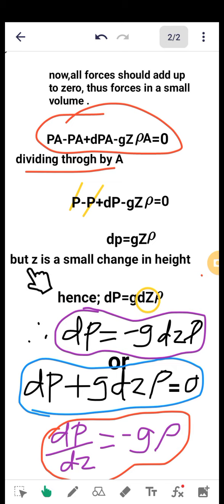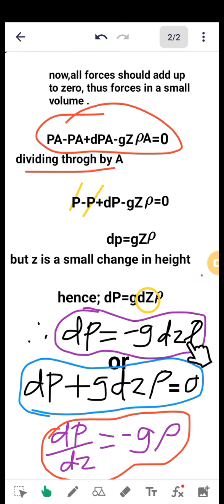But z is a small change in height, so we can denote it as dz. It's a mathematical expression that shows the pressure at different heights. So quickly, dP equals negative gravity dz times rho.